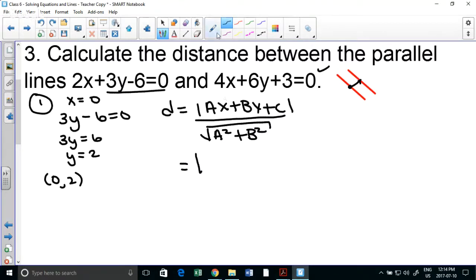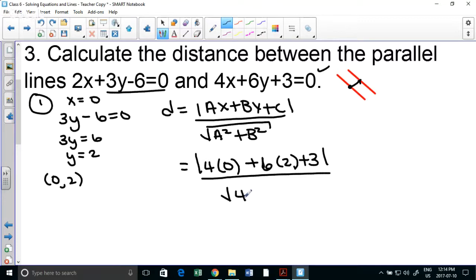I plug in what I know. So I have that the a is 4 and my x is 0. My b is 6. My y is 2 and my c is 3. All over 4 squared plus 6 squared. So then I do my calculations. This goes away.